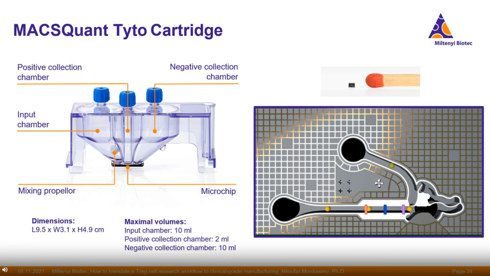The maximum volume for the input is 10 milliliters. The positive collection chamber can contain 2 milliliters, and the negative collection chamber 10 milliliters. And as you can see here, this valve just directs the negative fraction to the negative chamber and the positive fraction to the positive chamber. And here are located these 3 lasers that help the cells to be sorted accordingly.